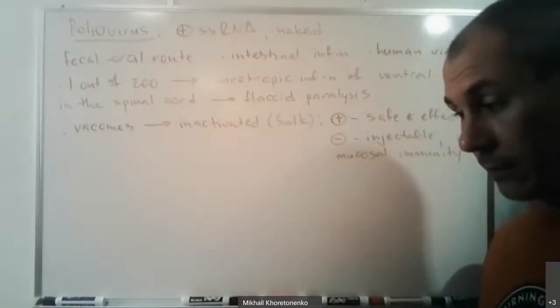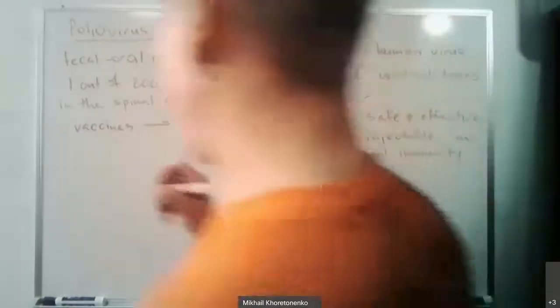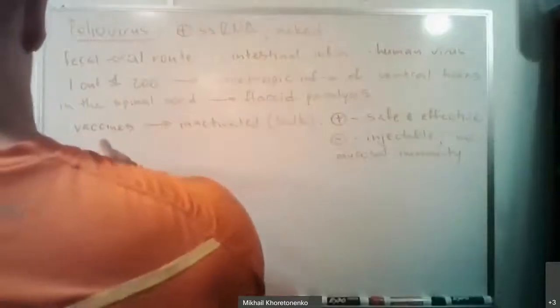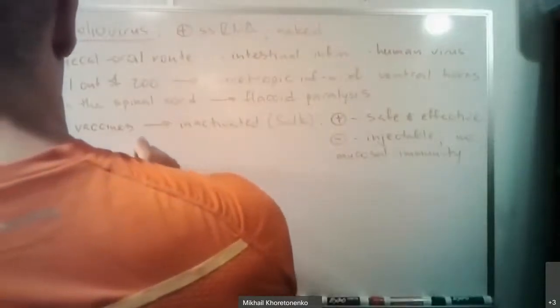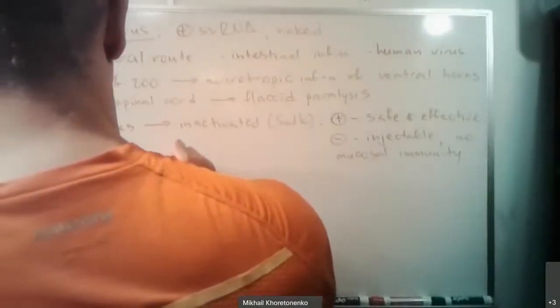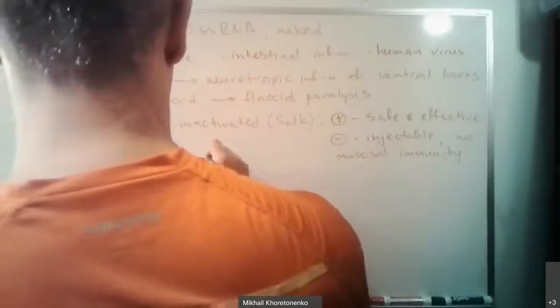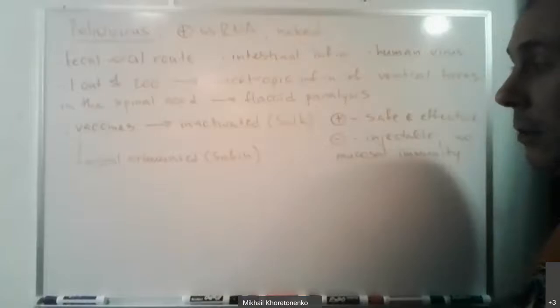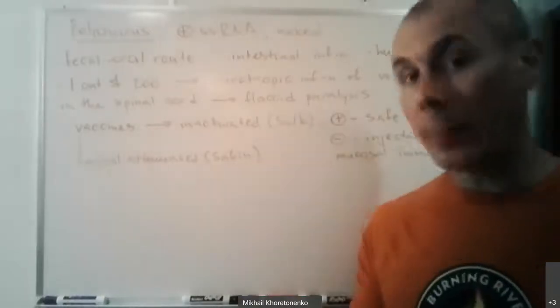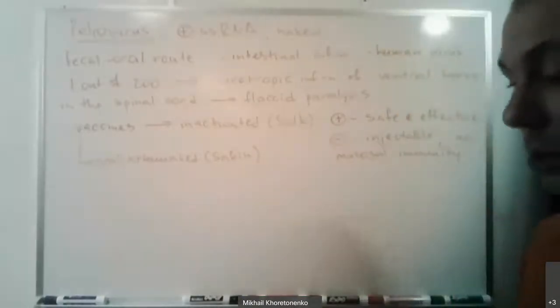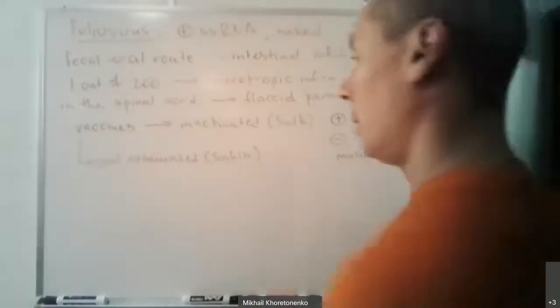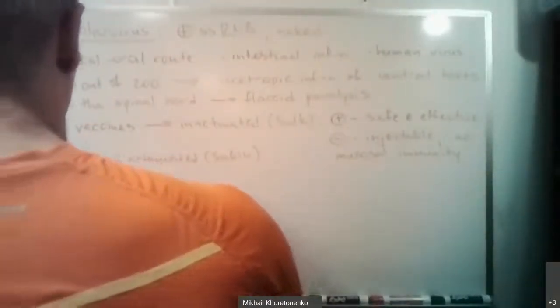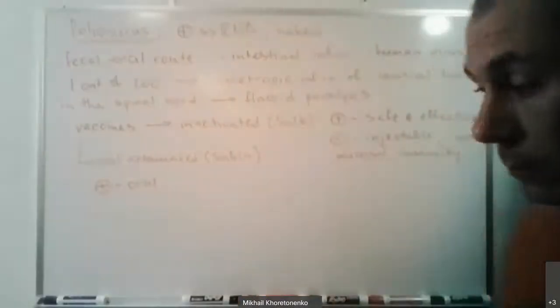Makes sense, right? Now, another vaccine, which is oral attenuated vaccine, developed by Albert Sabin. It contains the replicating virus, which is weak. So the positive: oral administration.